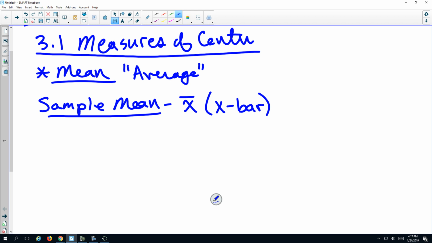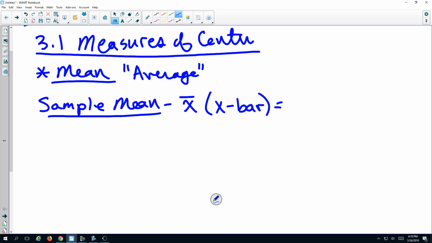The variable X is going to represent the individual data values. It's a variable, means it can be different numbers or different things. In this case, it represents the different data values in our sample. And the bar across it means the average of that data.